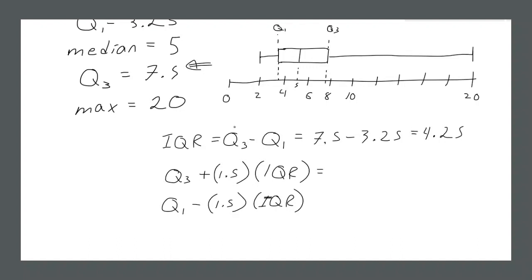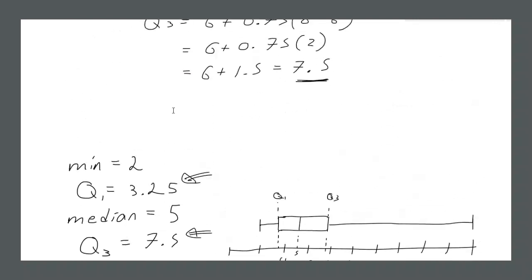So for our upper bound, Q3 is 7.5 plus 1.5 multiplied by 4.25. That gives us 13.9 approximately. So anything above 13.9 would be an outlier.